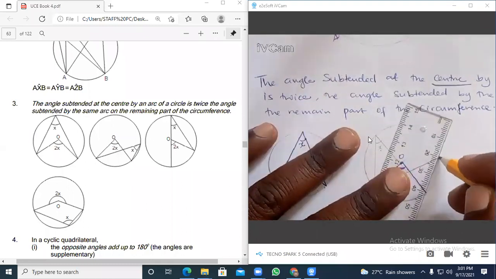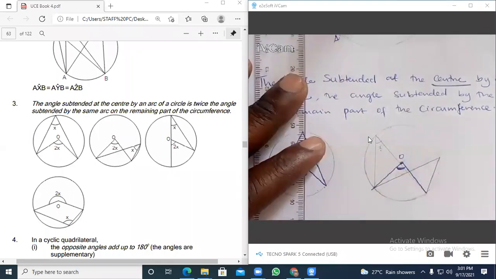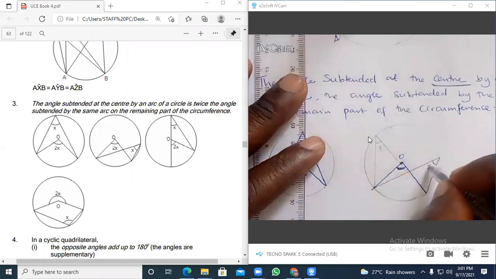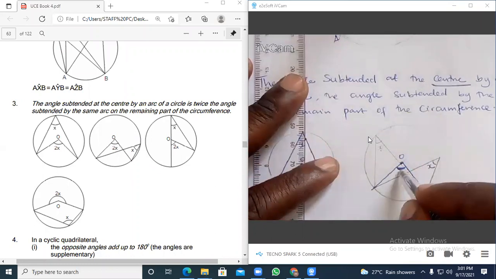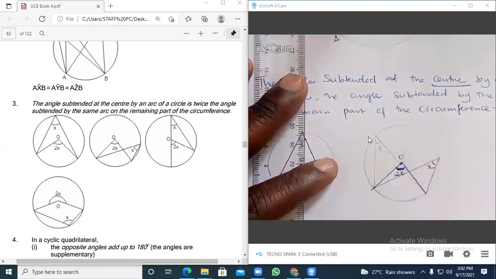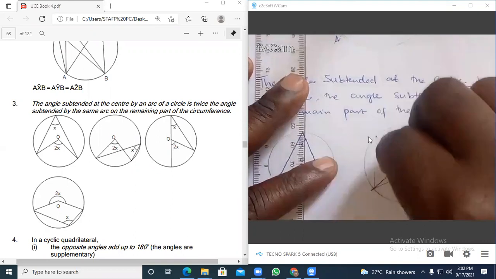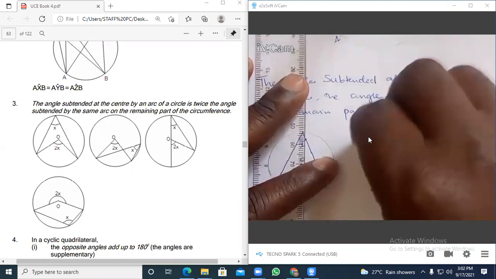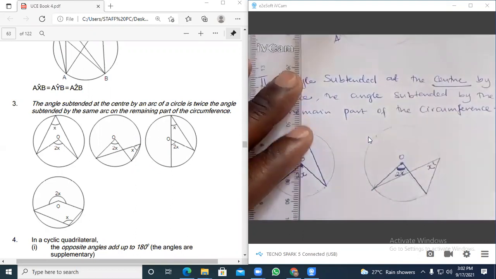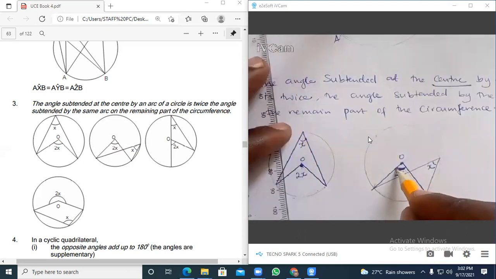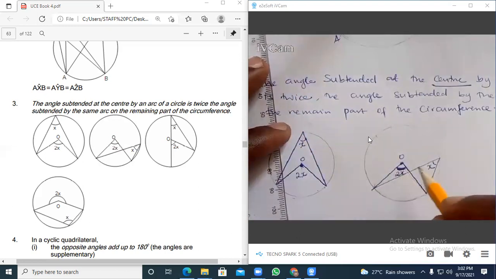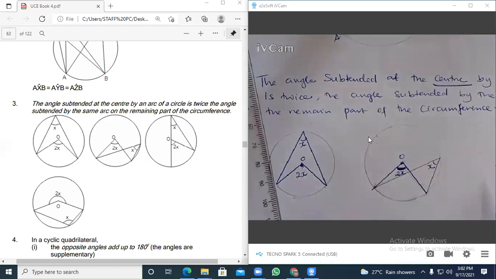So if this angle is x, the angle which is at the center is twice that angle which is outside the pizza-like shape. The easiest way to understand. So the angle which is at the center here is always twice.